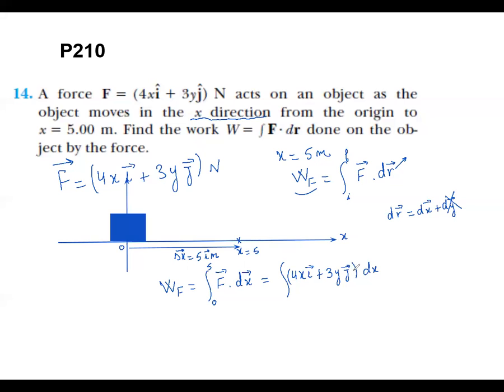Now we have i and j. We keep the vector here. Be careful. You have to keep the vector of dx. You can write dx, or you can write dxi.